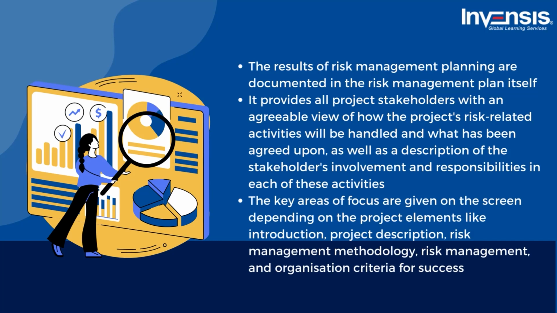The key areas of focus are given on the screen. Depending upon the project, elements like introduction, project description, risk management methodology, risk management organization, criteria for success, templates, communications plan, stakeholder risk tolerance, etc. can be present in a risk management plan.